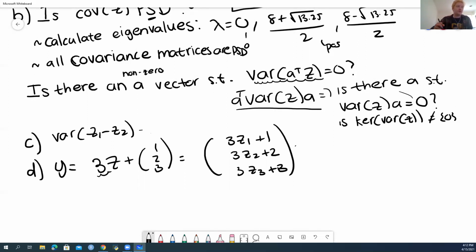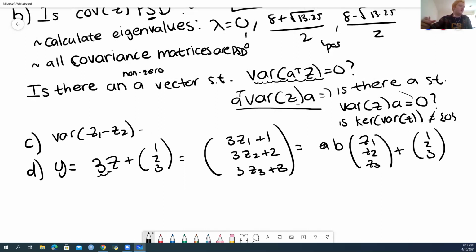Well, it's not exactly how it works. Remember, rewrite this in terms of B times (Z1, Z2, Z3) plus obviously (1, 2, 3), and then go from there. So don't trick yourself up on that one.